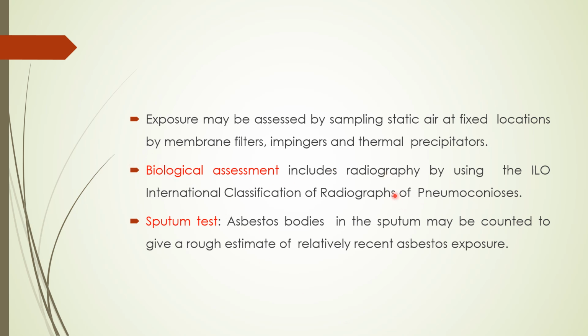Biological assessment includes radiography by using the International Labour Organization International Classification of Radiographs of Pneumoconiosis. Sputum test: asbestos bodies in the sputum may be counted to give a rough estimate of relatively recent asbestos exposure.